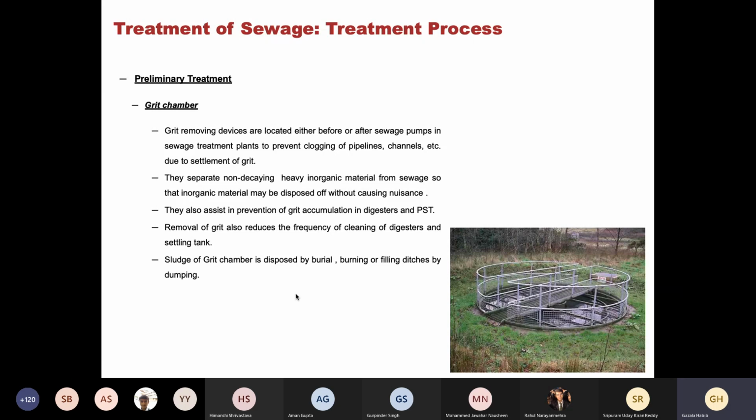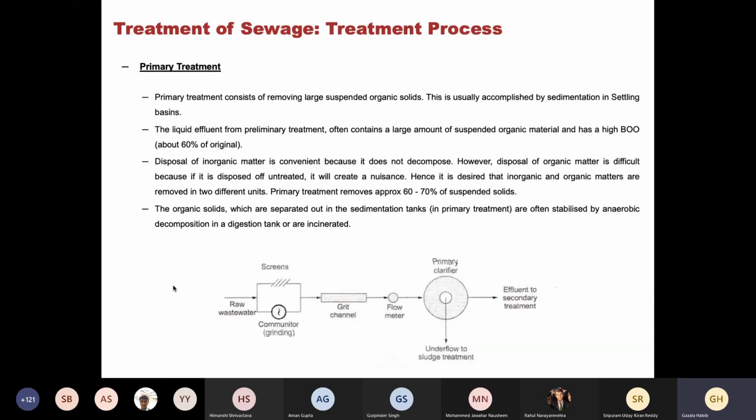It's very bulky, so disposing of such sludge is a problem. Digesters are used to reduce the water content. Sludge of the grit chamber is disposed of by burial, burning, or filling ditches and dumping on land. So these are the processes.